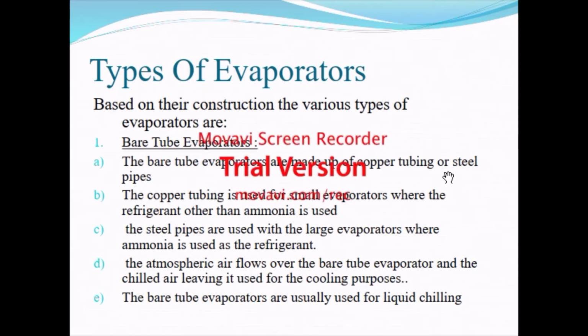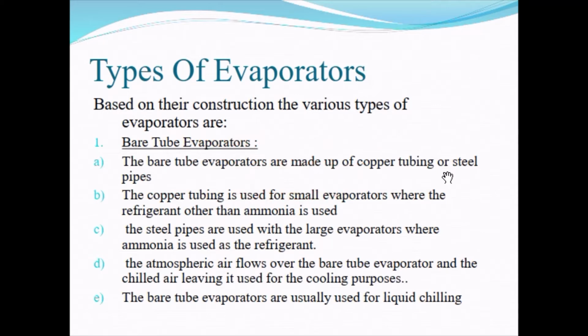Okay, we have several types of evaporator here. Based on the construction, the various evaporators can be classified. The first one is the bare tube evaporator. What is the bare tube evaporator?